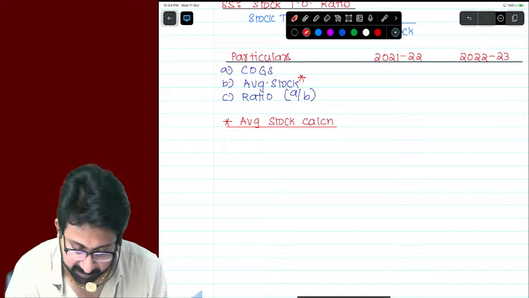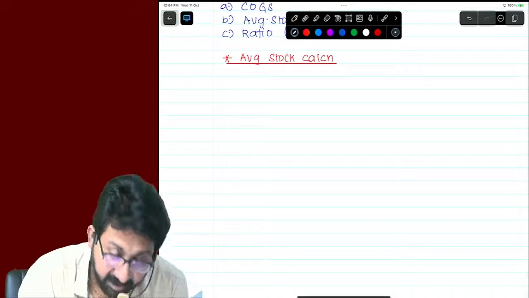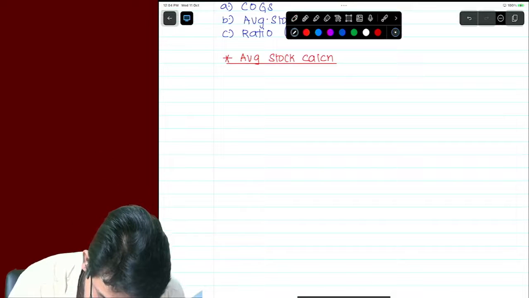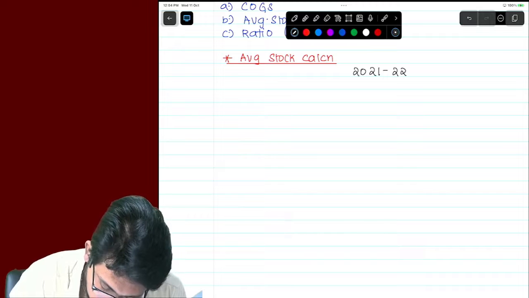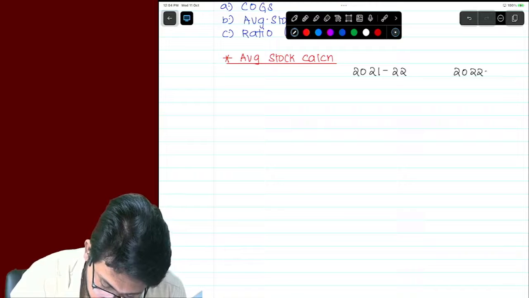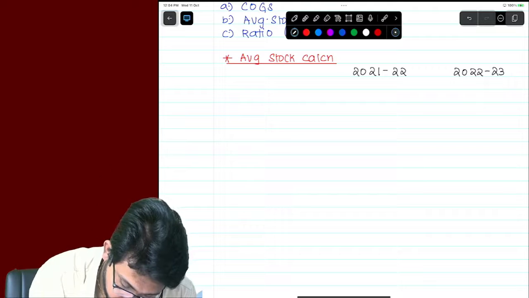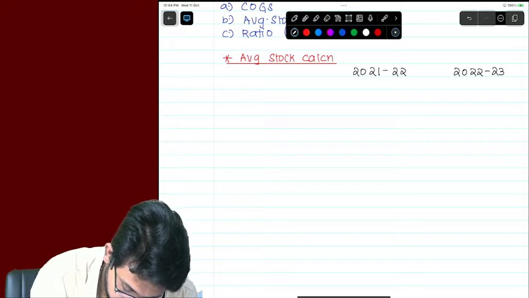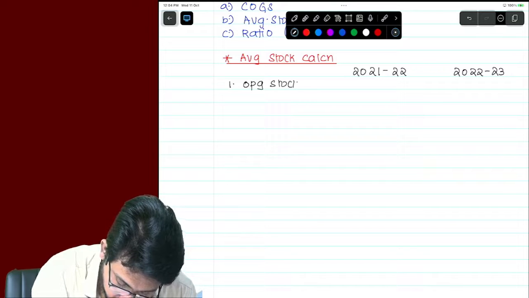Everyone please help me with the numbers. Average stock calculation. First write down the formula for average stock. Number 1, opening stock.